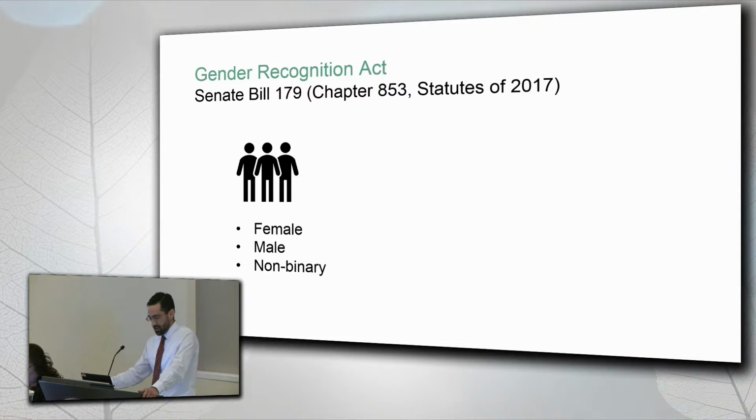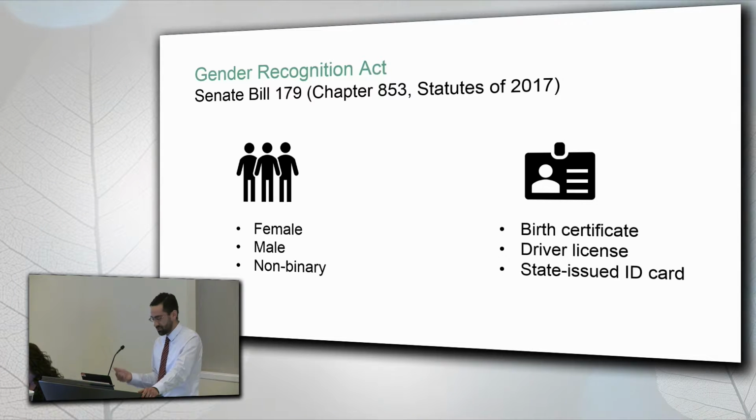So Senate Bill 179, also known as the Gender Recognition Act, allowed a third option for California citizens when filling out official paperwork, such as birth certificates, driver's licenses, and state-issued ID cards. Now Californians have three options. They can pick female, male, or non-binary.